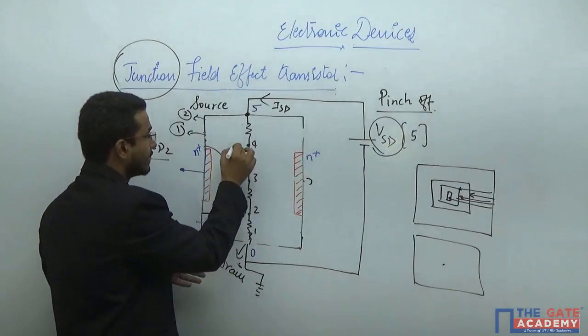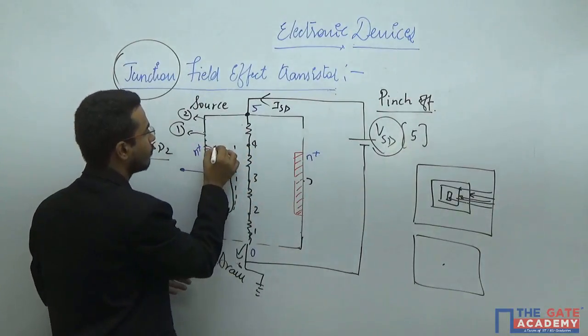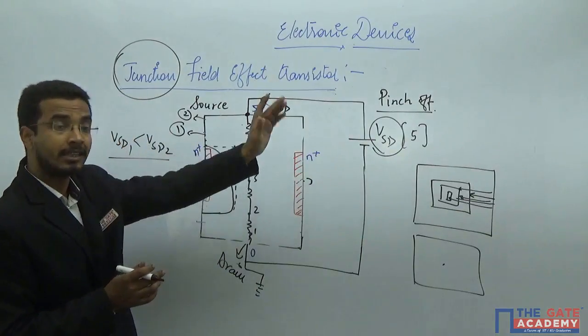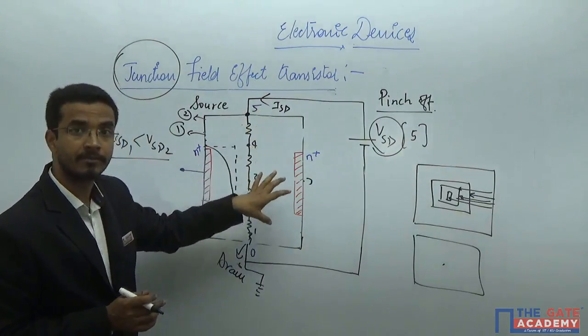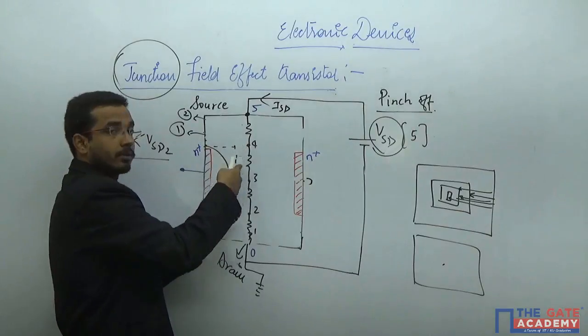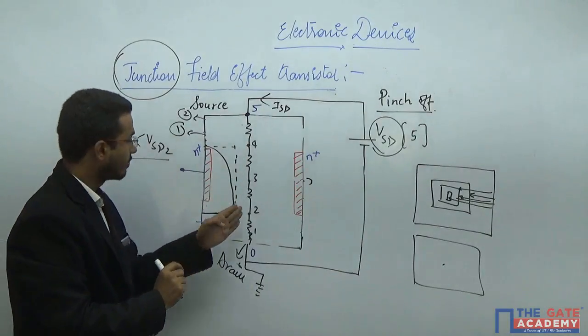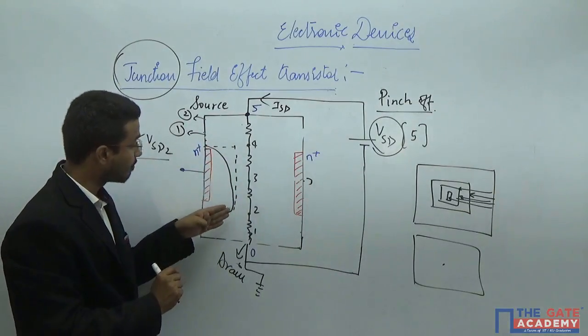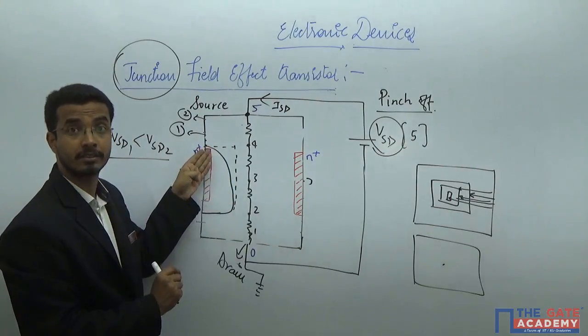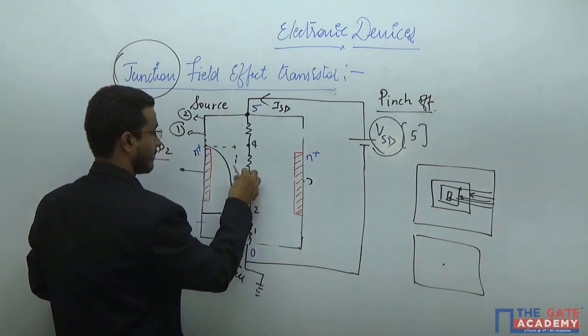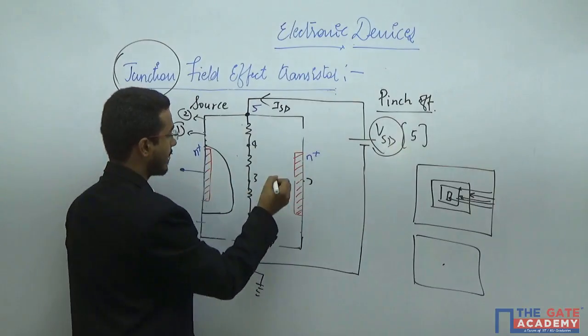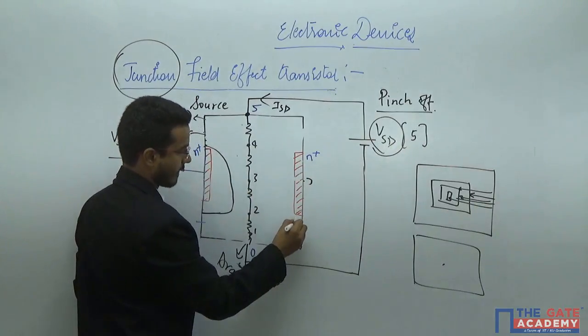So instead of these dotted lines, whatever you assumed previously that the voltage is the same throughout the device, at this time you will get a wedge shape. That means this depletion width is not constant throughout. So this is one side, and you will get the same thing for the second side also.